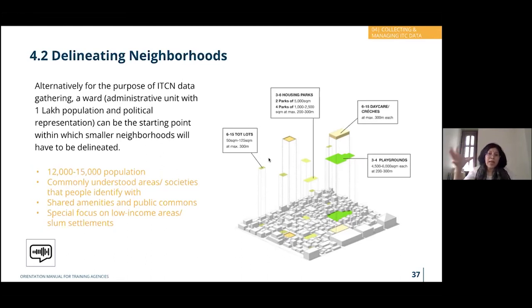But there is a society called Swati Society which is identified as a neighborhood. People have shared amenities in that area. They have a public common in that area, etc. So the third idea will be to start with a ward and then identify neighborhoods with a population of 12 to 15,000 people based on boundaries which are commonly understood by people, right? So cities will have to do that based on their understanding of the city. So that's one idea.